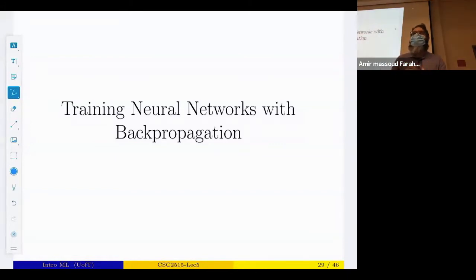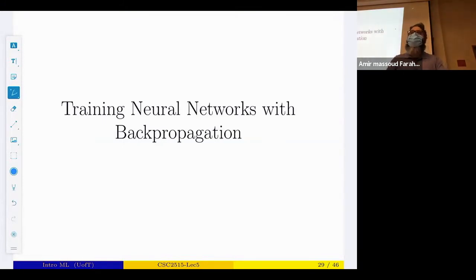But the issue was that we shouldn't work with very shallow networks. If we go deeper, have multiple layers, the representation power of neural networks becomes much more powerful. But what is the issue? The issue is that people did not know how to train a neural network that was more than one layer. So that was the challenge. The training part of it was a challenge.